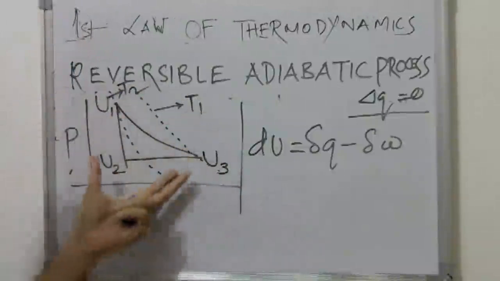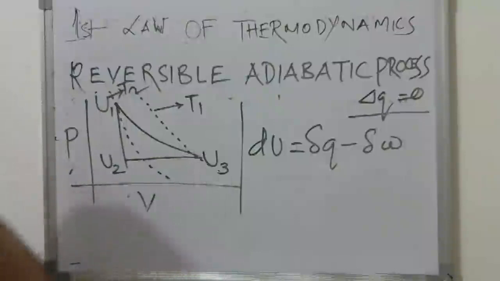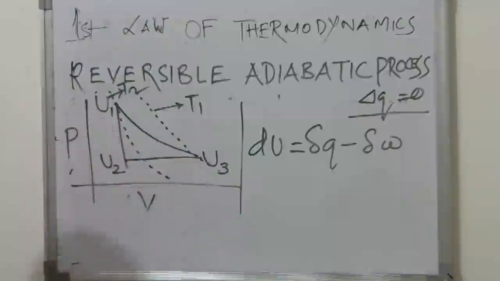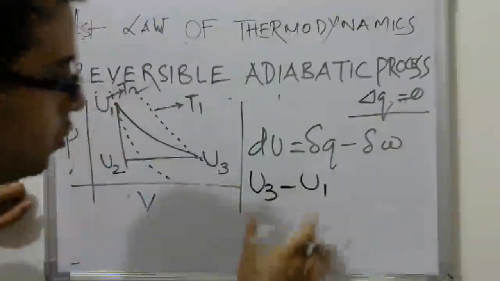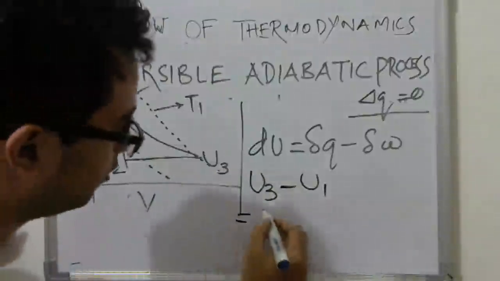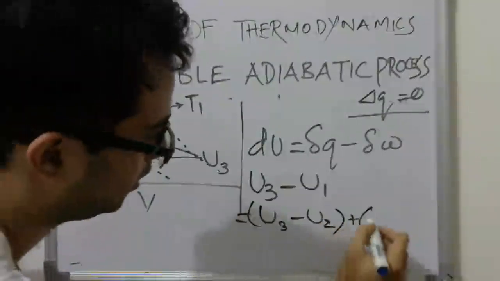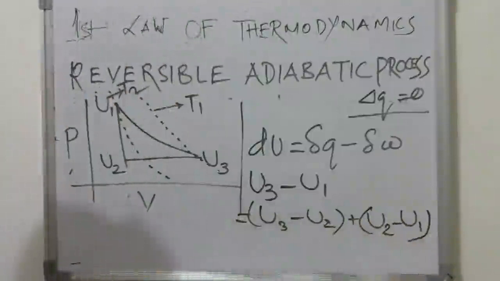So to derive the relevant equation, I have 3 points, 1, 2 and 3. So dU is what? dU is U3 minus U1. Internal energy is a state function, as I have already told. So U3 minus U1 is your change in internal energy between this point and this point. That can also be written as U3 minus U2 plus U2 minus U1. It can be written in this form, right?